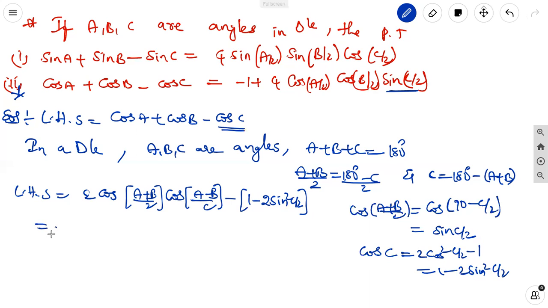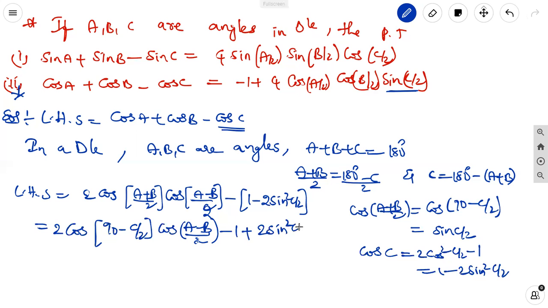So clearly we can write it as 2 cos of (90 minus C by 2) cos of (A minus B) by 2, minus 1 minus into minus, plus 2 sin square C by 2.